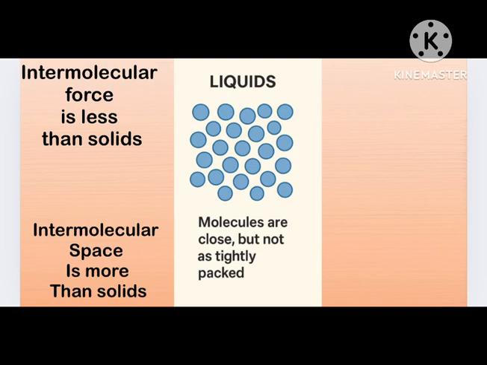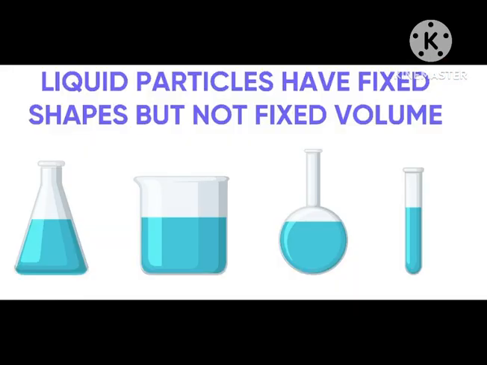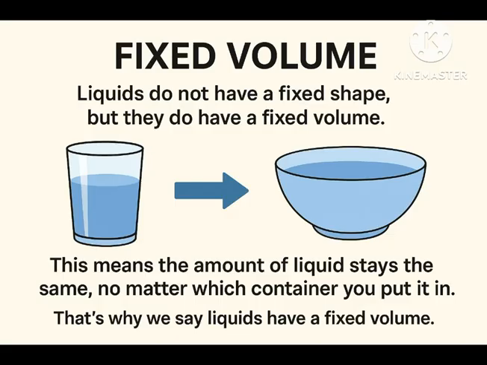Therefore, these molecules move around and can slide over each other. Because of this molecular arrangement, liquids do not have a definite shape, but they have a definite volume. Liquids take up the shape of the container in which they are kept. However, their volume remains fixed.